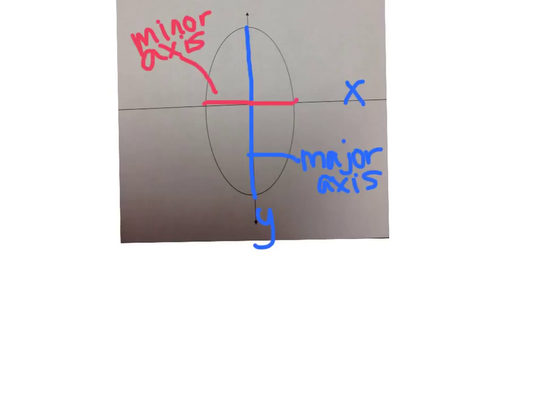Now, the endpoints of our minor axis right here, these are going to be our co-vertex, just like we had on the other side. And the endpoints of our major axis, these are going to be our vertices. The focus points, the foci, are going to be on the major axis.